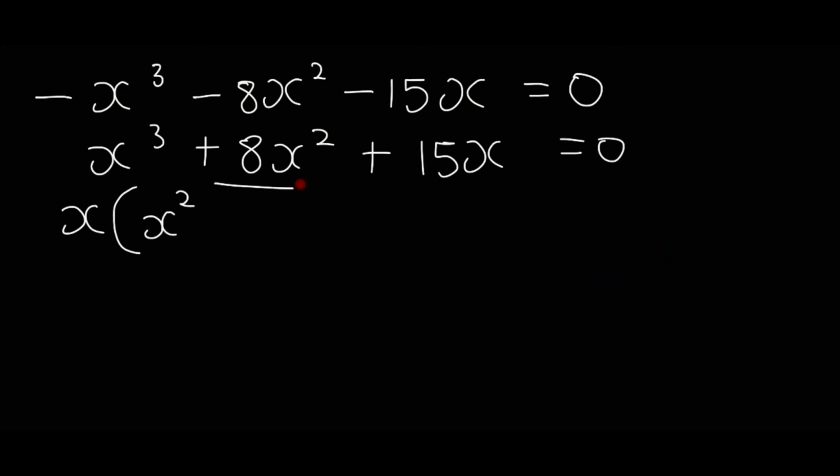And then for this one, 8x squared divided by x, re la gore yo mfa 8x because x e 1 you cancel this one. And then 15x divided by x, re la gore ke go ba le 15.